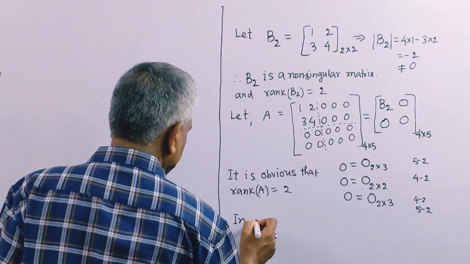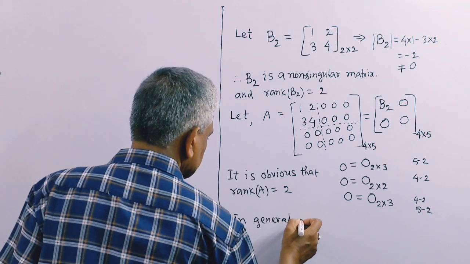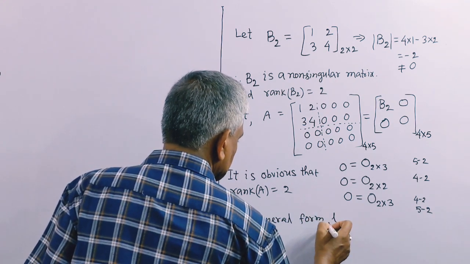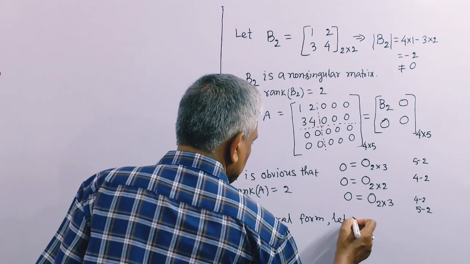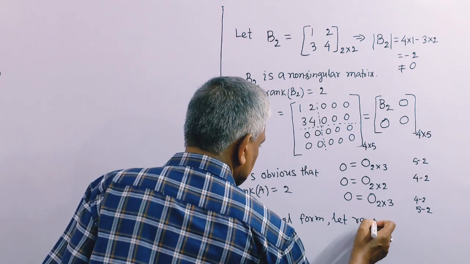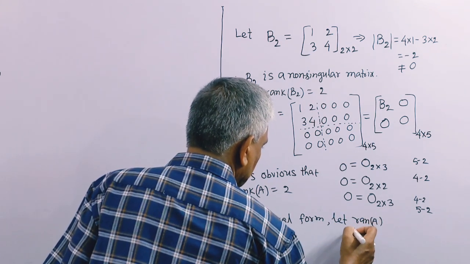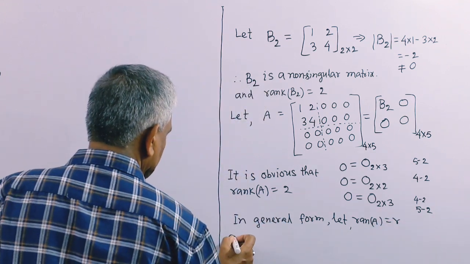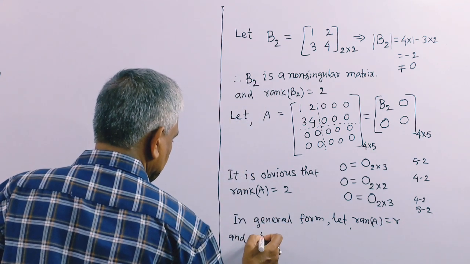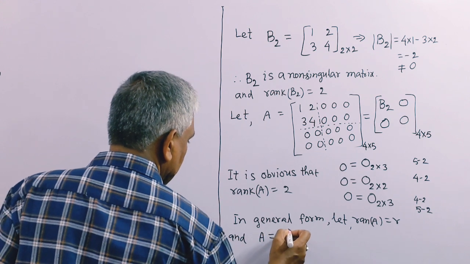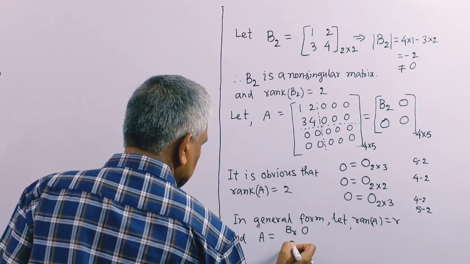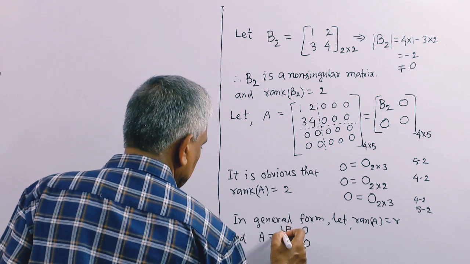In general form, let the rank of a matrix A equal r, and the matrix A be written as BR, 0, 0, 0.